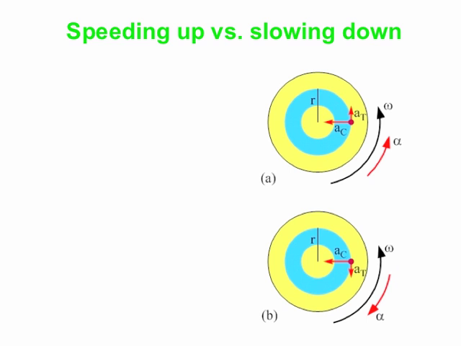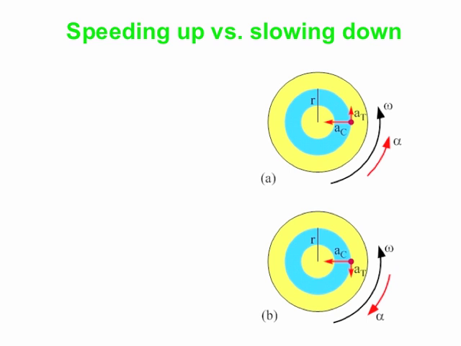Okay, so let's in fact talk about speeding up versus slowing down. I'm going to pick a point, and in picture A, I've got my disk rotating counterclockwise, and it's going to be speeding up as it goes counterclockwise, so it has a counterclockwise angular acceleration and a counterclockwise angular velocity.